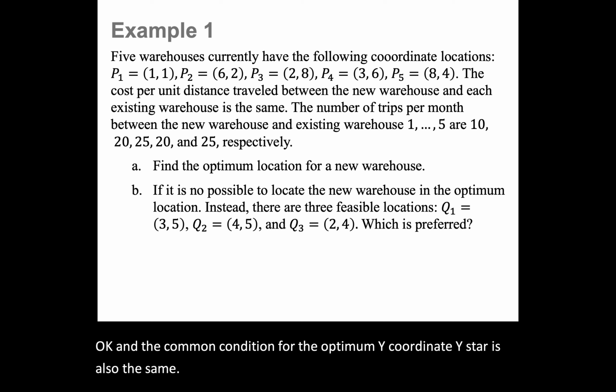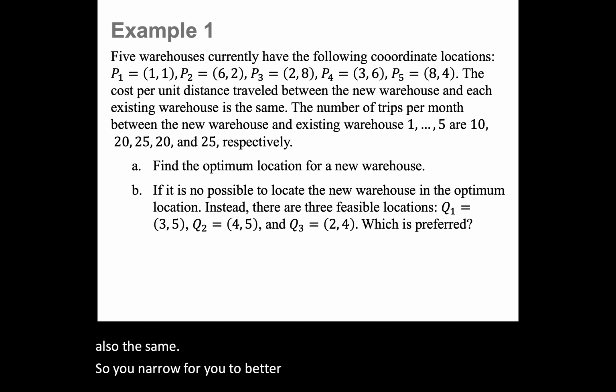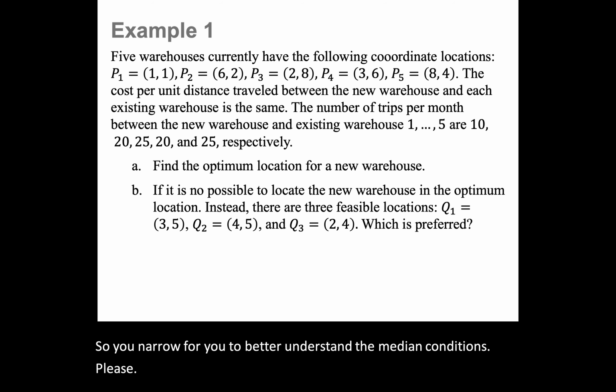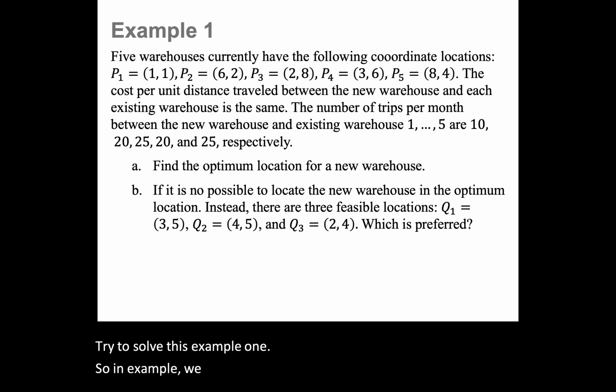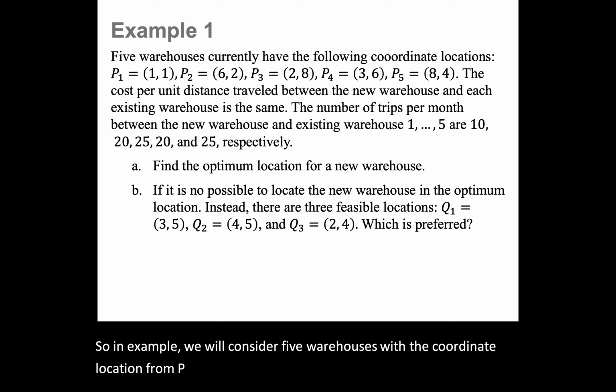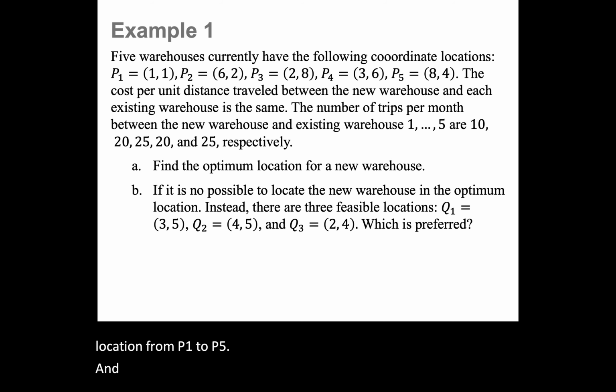So in order for you to better understand the median condition, please try to solve this example 1. In this example, we will consider 5 warehouses with coordinate locations from P1 to P5, and we assume that the unit cost for distance travel between the new warehouse and each existing warehouse is the same.